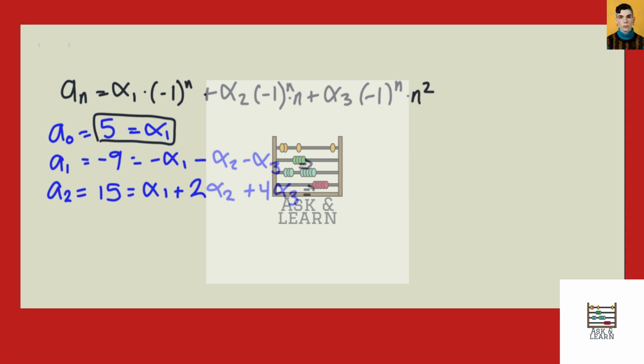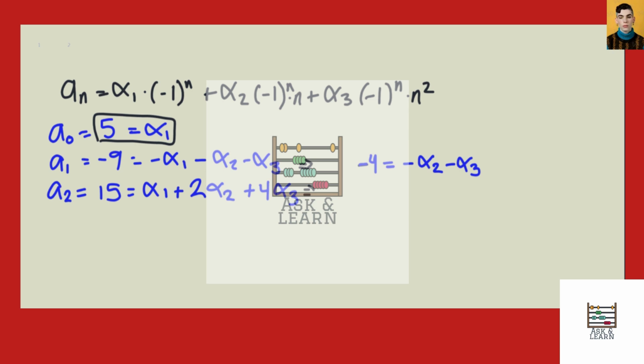What that's going to give us is negative 9 is equal to negative 5 minus alpha 2 minus alpha 3, which really says that negative 4 is equal to negative alpha 2 minus alpha 3.